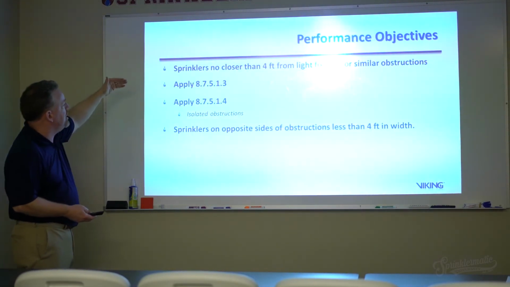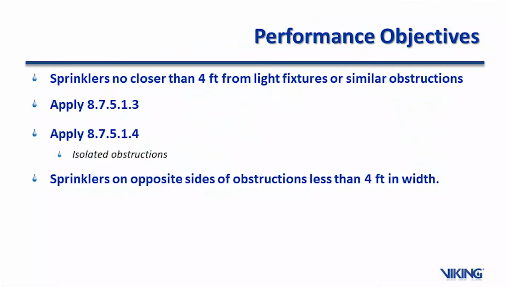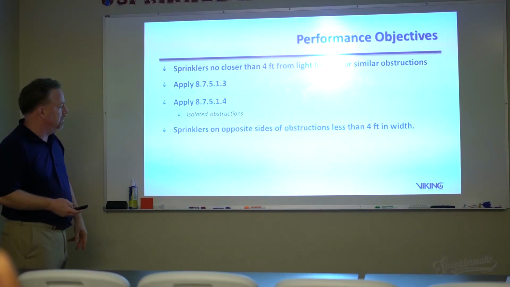Performance objectives: sprinklers no closer than 4 feet from light fixtures, and then we apply beam rules and 3 times rules. Sprinklers on the opposite side of obstructions less than 4 feet in width, we mentioned that as well.